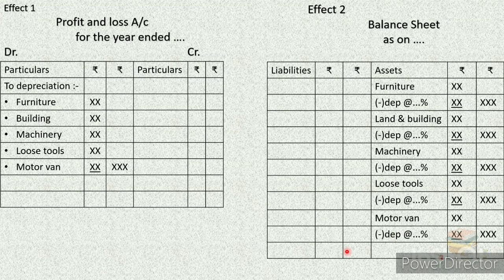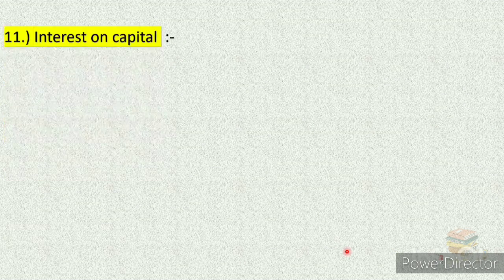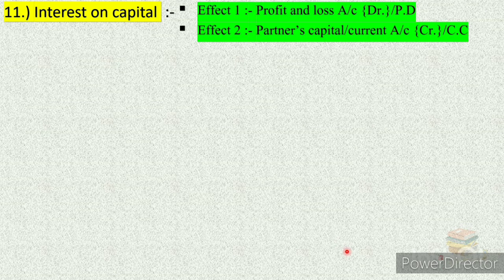Like that, all assets are to be depreciated. Further, moving on to the 11th adjustment, that is interest on capital. When such adjustments are asked, it is important to create the partner's capital or partner's current account, so that the sum becomes easier.